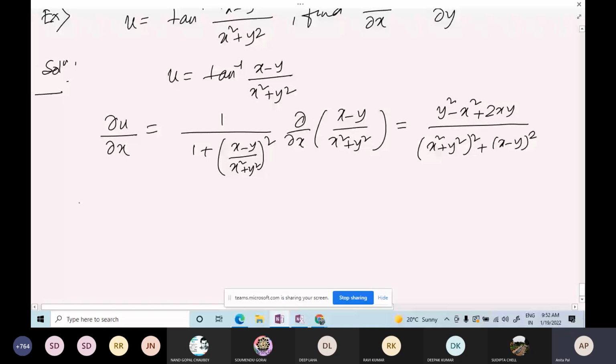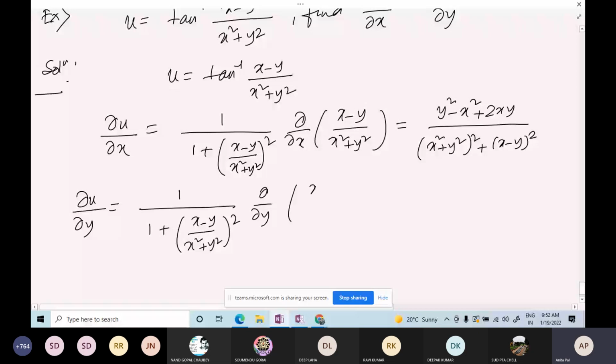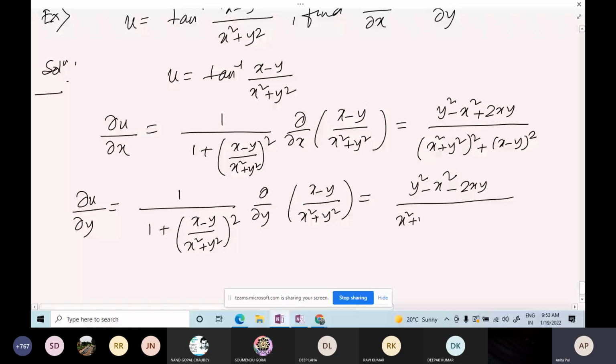Similarly, you have to find del u del y. Same way, 1 plus (x − y)... Now here we are differentiating with respect to y. If you simplify, you'll get (y² − x² − 2xy) divided by (x² + y²) whole square plus (x − y) whole square.